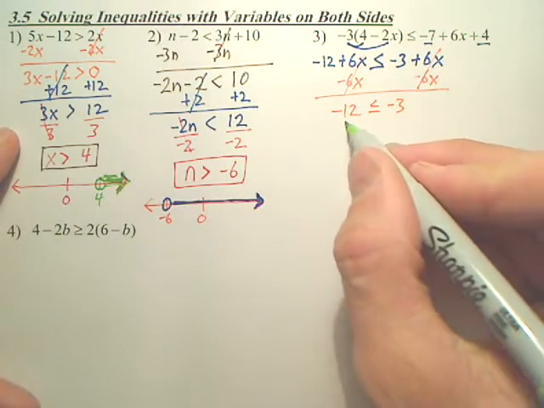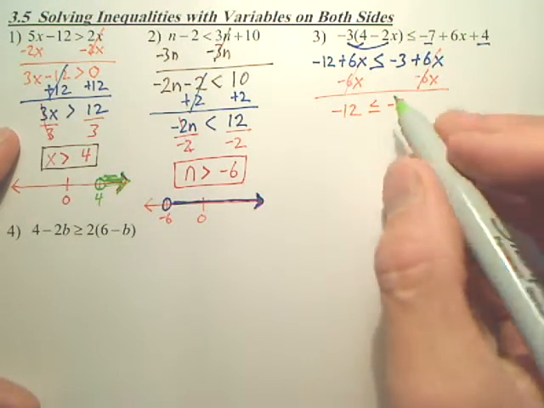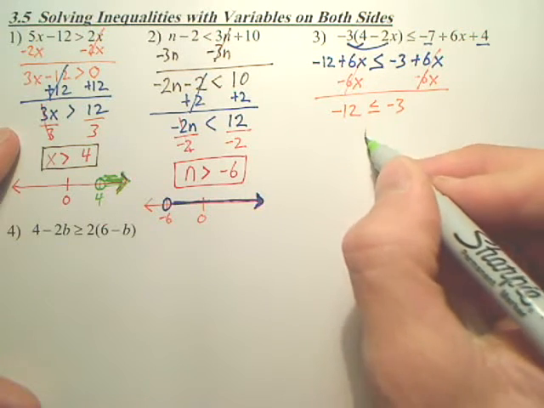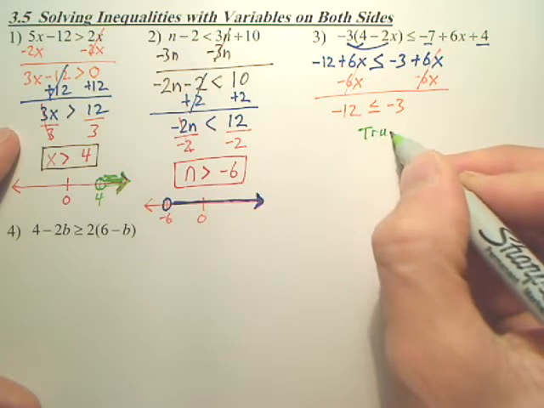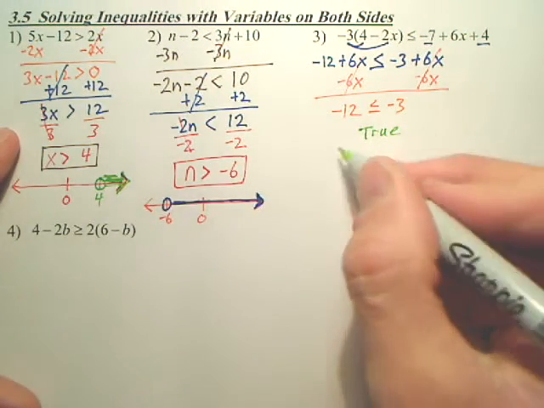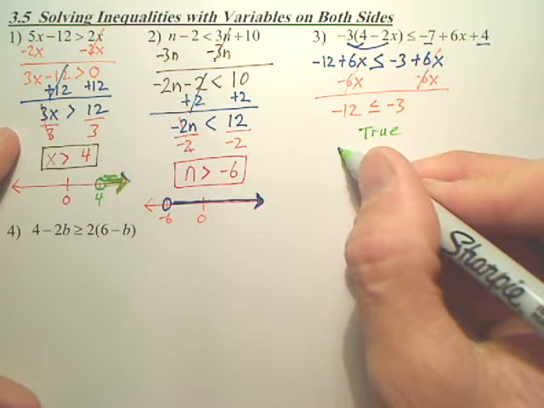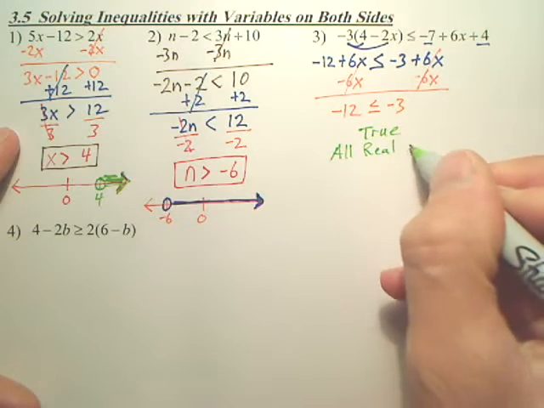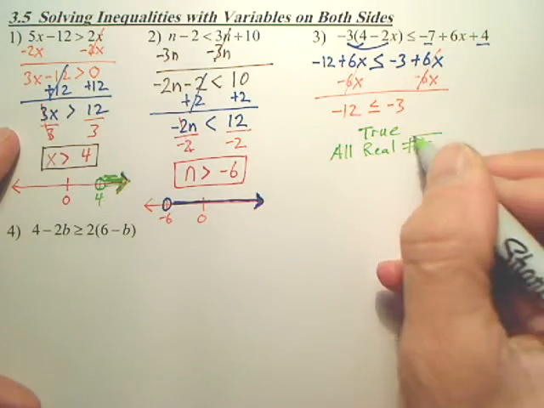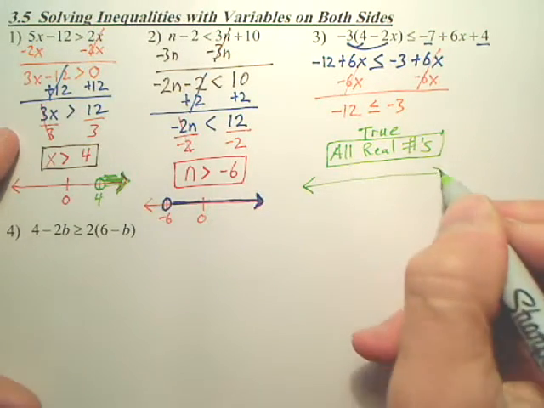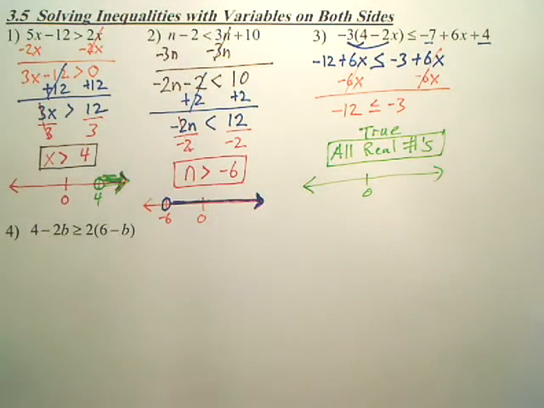So, is this a true or false statement? Is negative 12 less than or equal to negative 3? That is a true statement. So what that means is my answer is all real numbers. Meaning, if we were to graph this, again, everything dropped out.